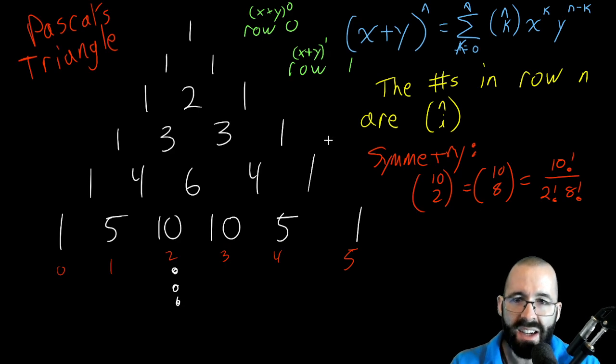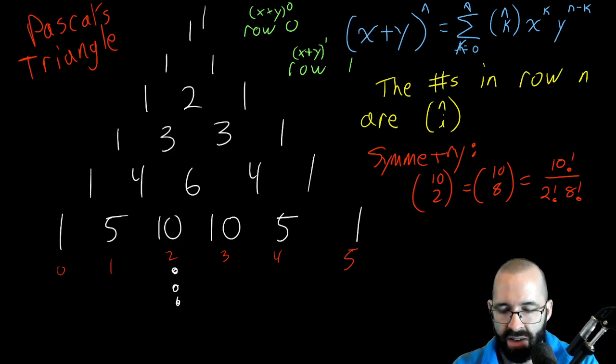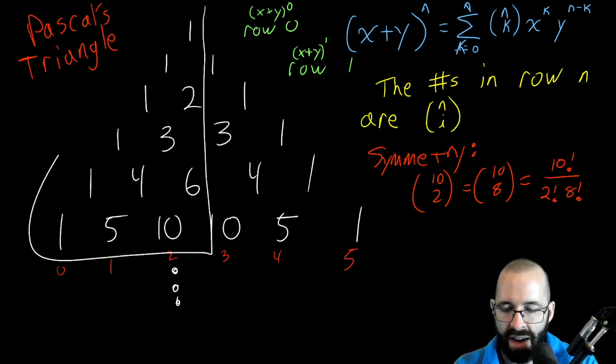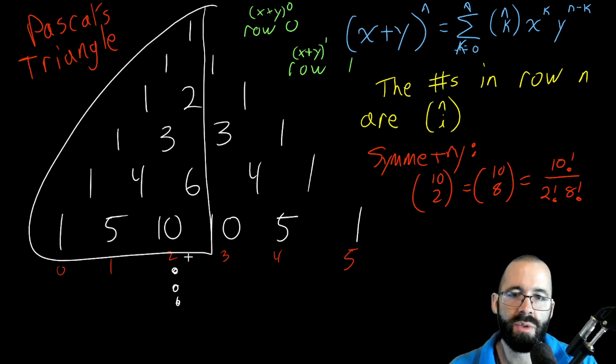All right, so, one more thing. Because of symmetry, we really only need half of the triangle, which is really, really nice.